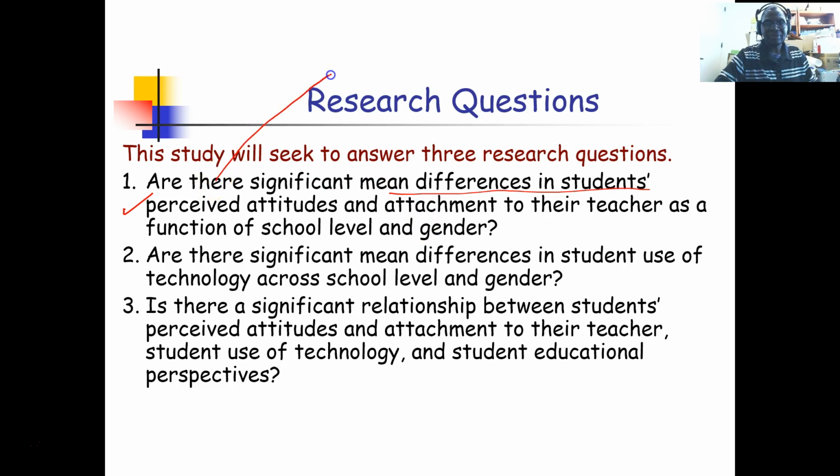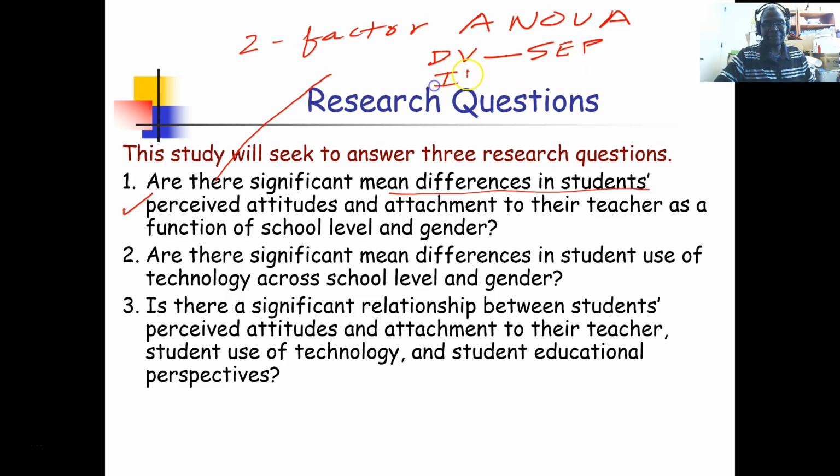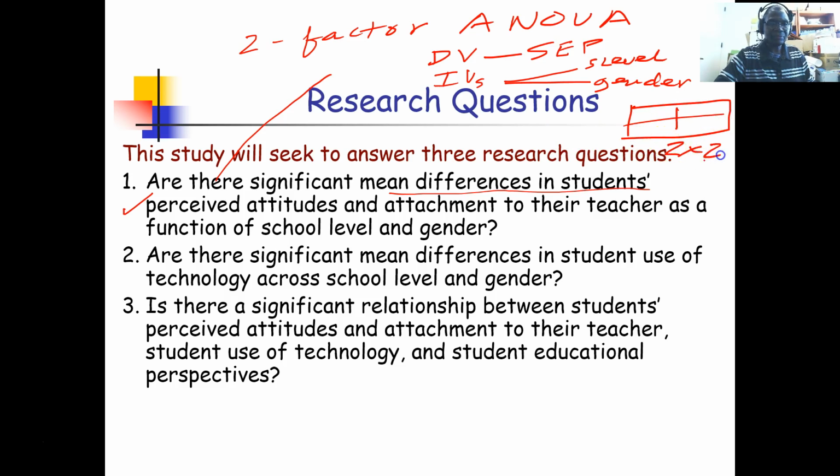So this was a 2-factor analysis of variance, where the dependent variable was student educational perspectives, while the independent variables were 2 of them: school level, which has 2 levels, the 8th grade and the 12th grade, and then we had also gender, that also has 2 levels, male and female. Therefore, we had a 2 by 2 ANOVA.